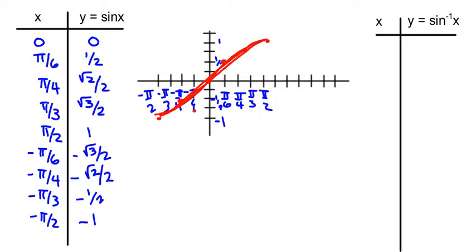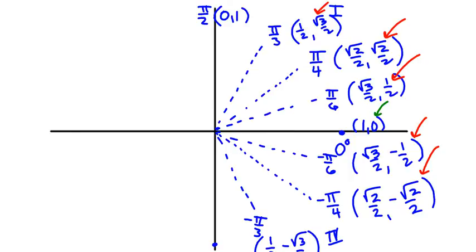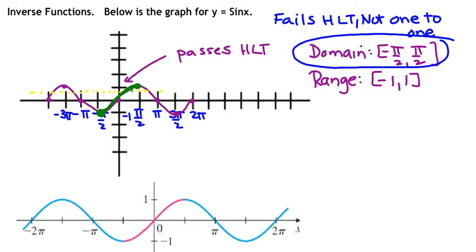That should look familiar to you. That's the region that we just looked at, right here in the green. We just regraphed that green section with lots of ordered pairs.